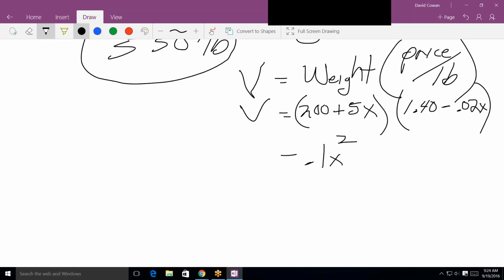That's a negative in front of it. We got a positive 7x and a minus 4x. So we got plus 3x, and then the two numbers are 280. So there's our function.